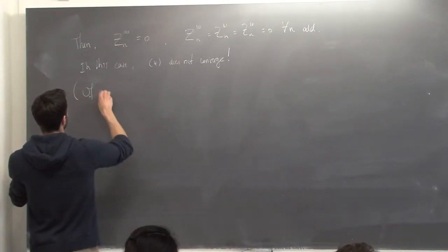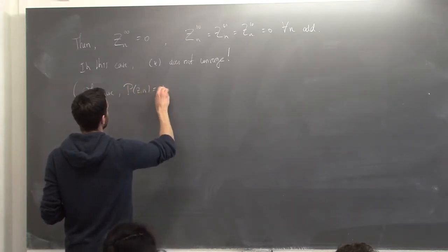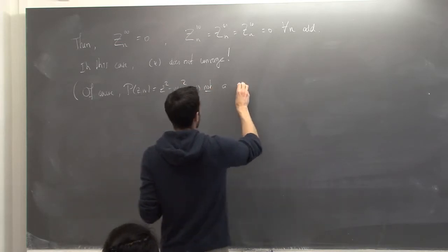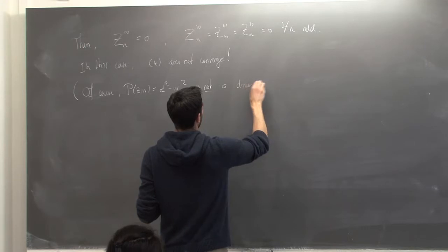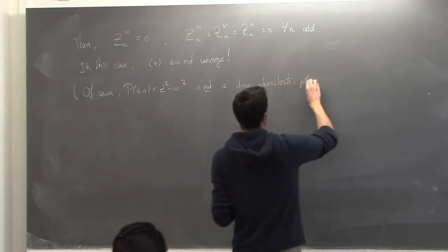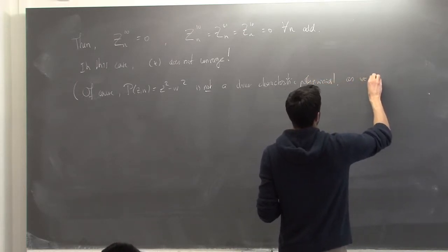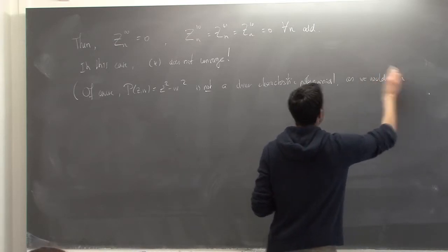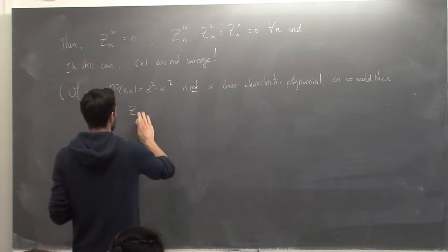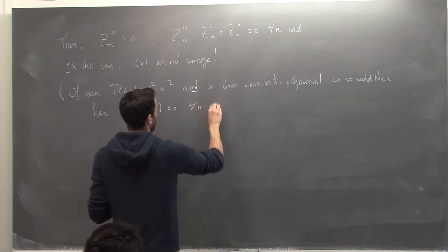Of course, P(Z,W) equals Z squared minus W squared is not a Dimer characteristic polynomial, as we would then have that Z_n or Z_{g,n} equal to 0 for each n odd.